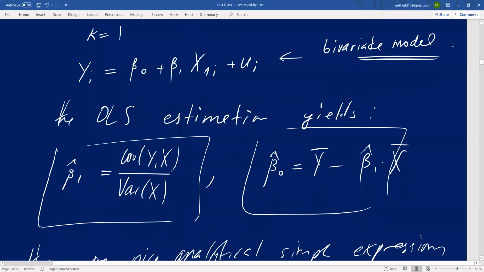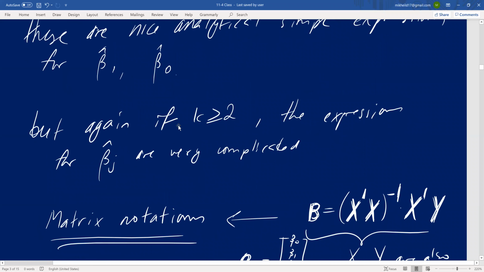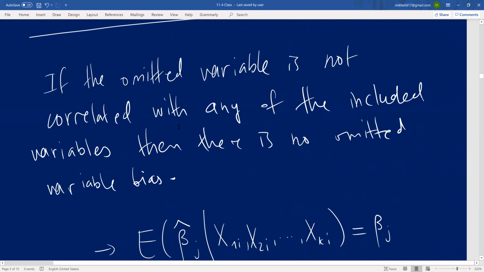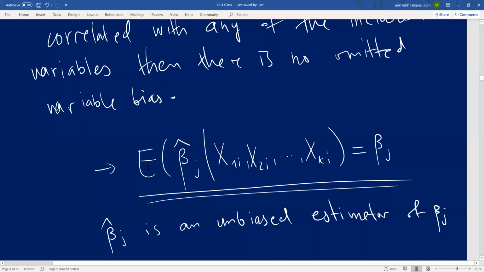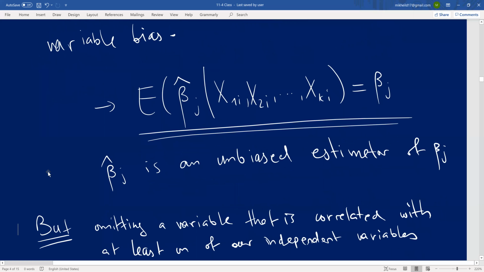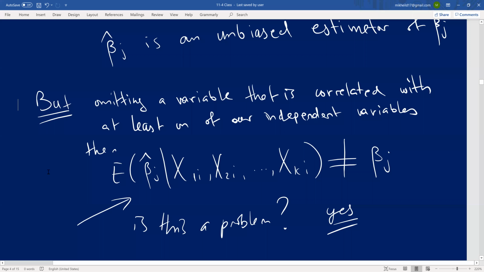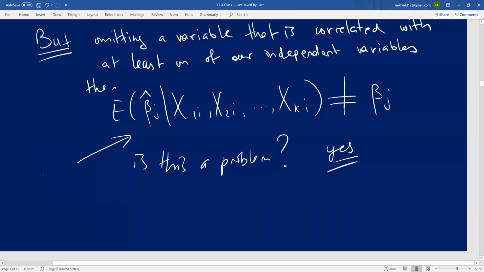And omitted variable bias violates this unbiasedness assumption, right? And because of that, beta hats are not good estimators for true betas. That's all, guys.